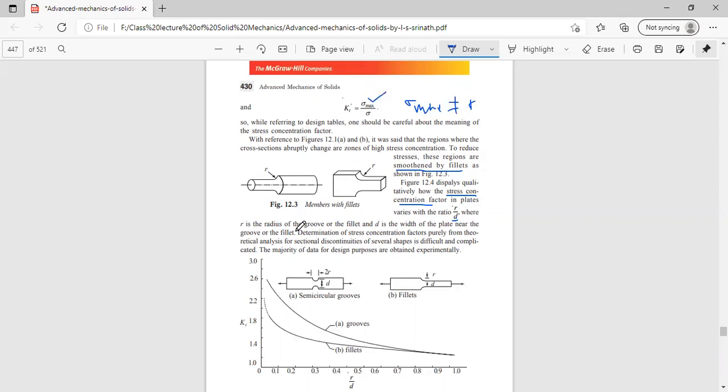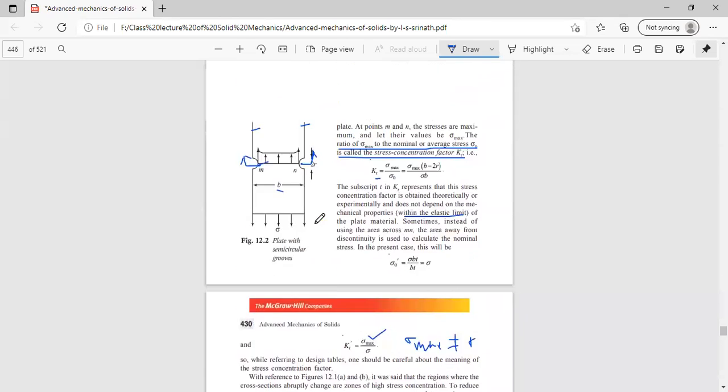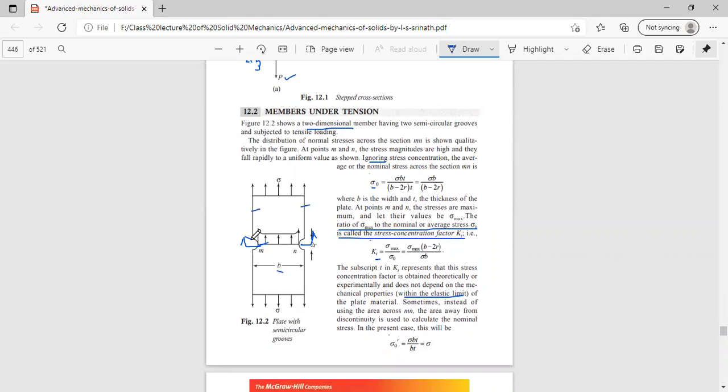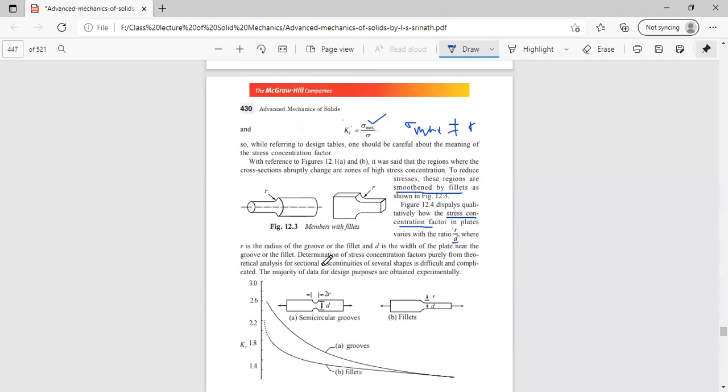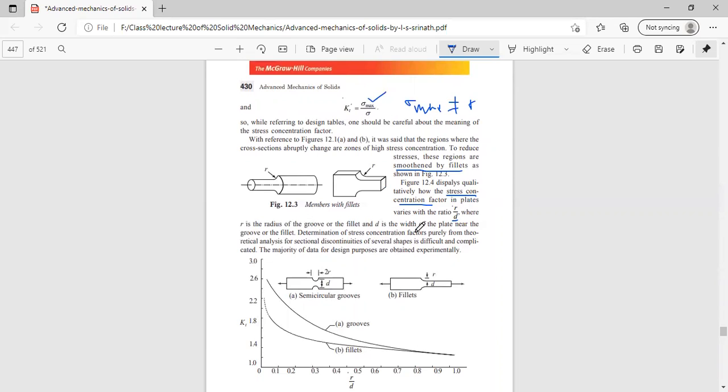So here we are not thinking of R as the radius of this particular groove at M and the radius of the groove at N. Here R is the radius of the groove or the fillet, and D is the width of the plate near the groove or the fillet.